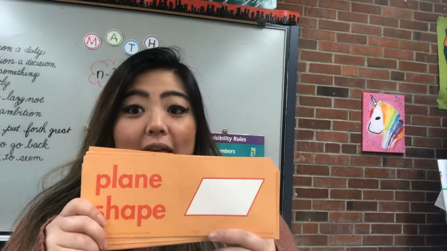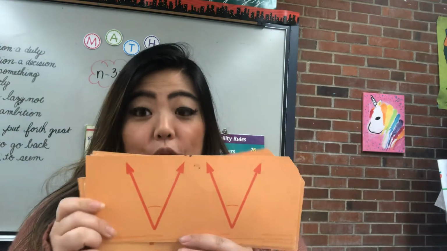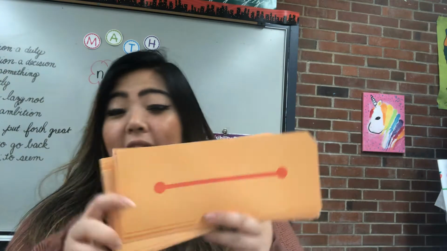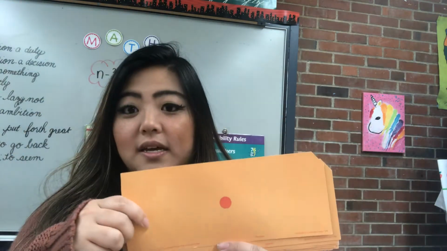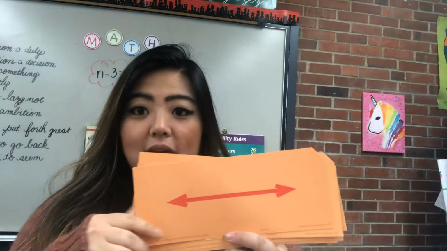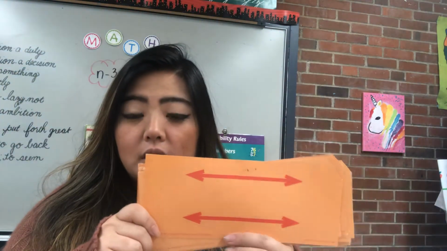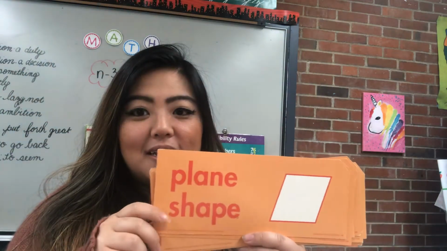This is a parallelogram. Congruent angles, or your twin angles. This is a line segment, point, line, simple closed curve, angle, parallel lines.